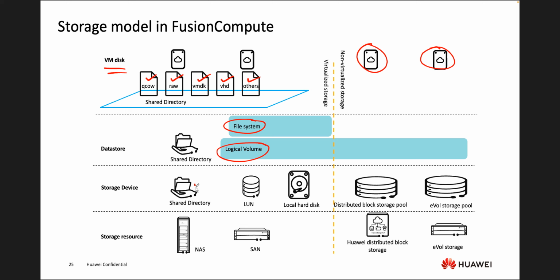You either have a shared directory, a LUN, a physical local disk attached to the server, or a distributed block storage pool, or the eVolume storage pool, which is more the non-virtualized route. The storage resource could be NAS, a SAN, or the Huawei distributed block storage, which is called FusionStorage 6.0 now. Or you have your eVolume storage, which is attached on the server.